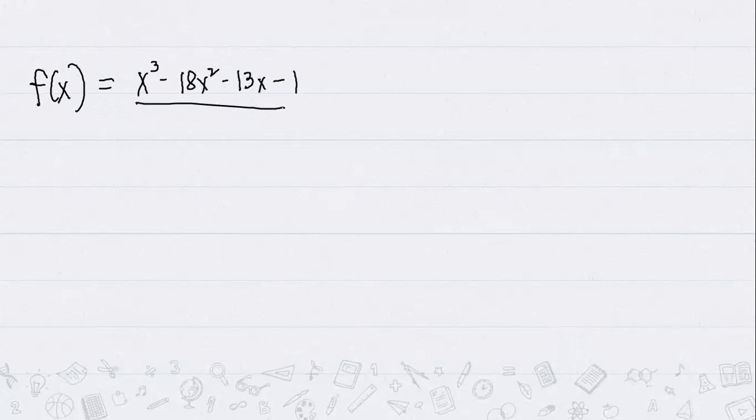We haven't used f of x yet. f of x is equal to x cubed minus 18x squared minus 13x minus 1 all over x squared minus x minus 6.